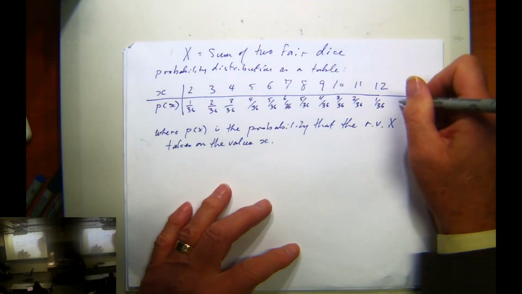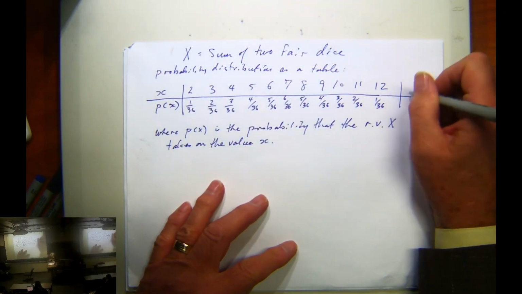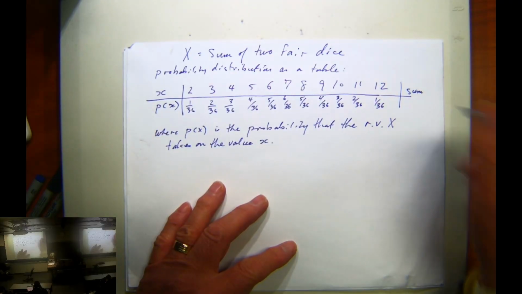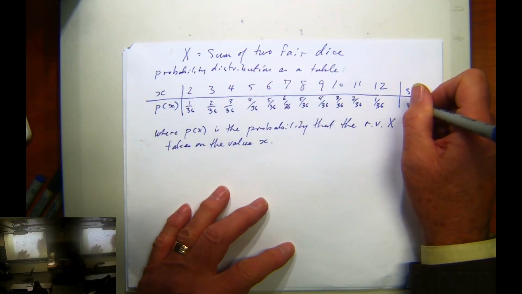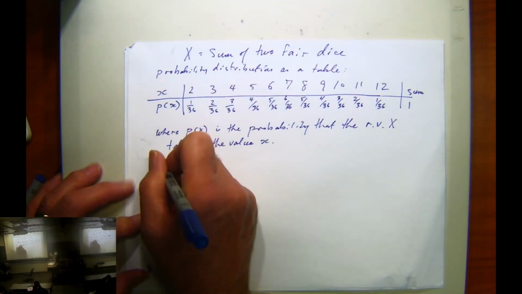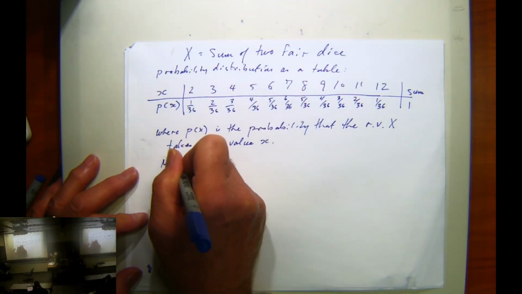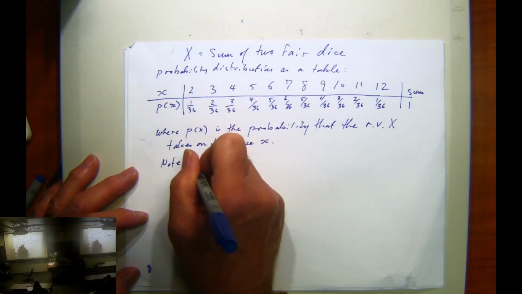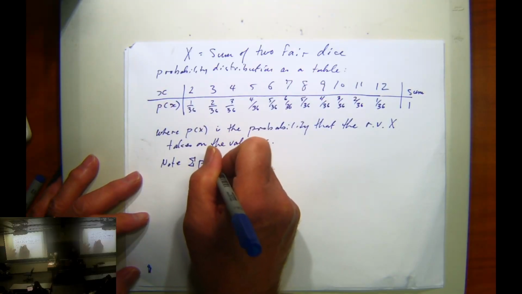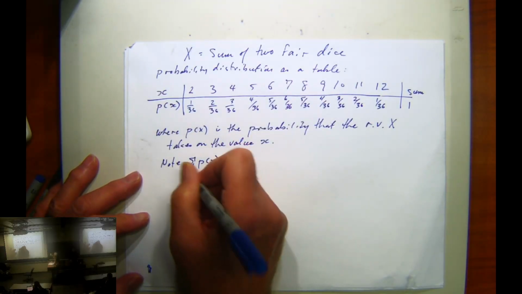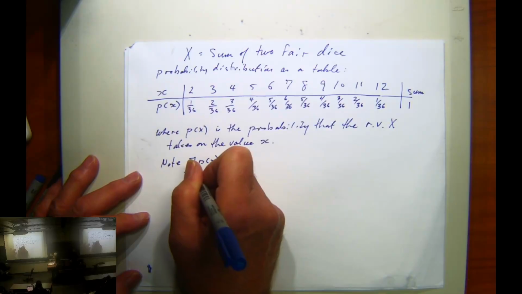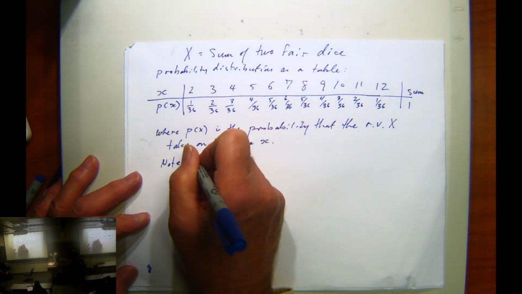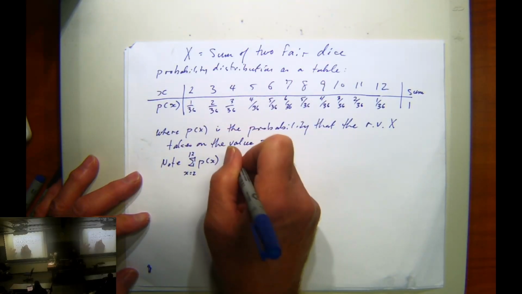And if we were to sum these, we find that the summation of P of x from x equals 2 to 12 is equal to 1.